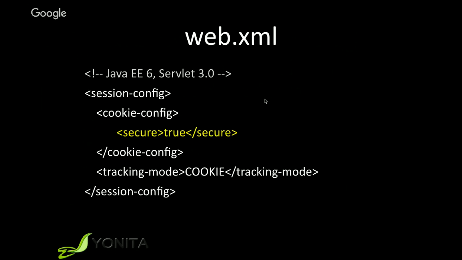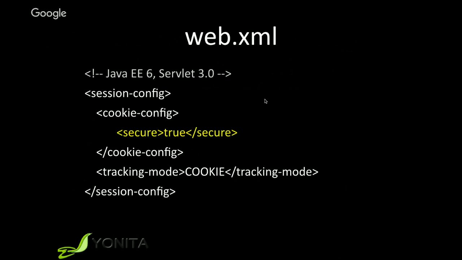So in case of the secure flag, this one is very important, because think about, for example, serving of images. Usually images are served from a different HTTP context, usually over plain HTTP. And in case of a cookie for the same domain name, it might happen that if you don't use a secure flag, the cookie will be sent over an unsecure, unencrypted channel.